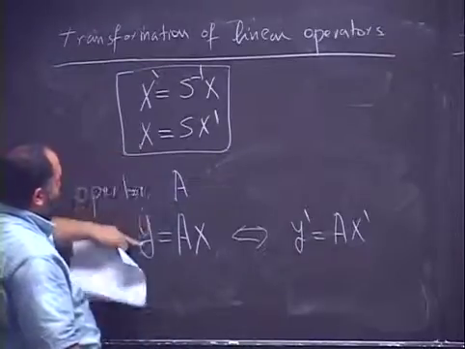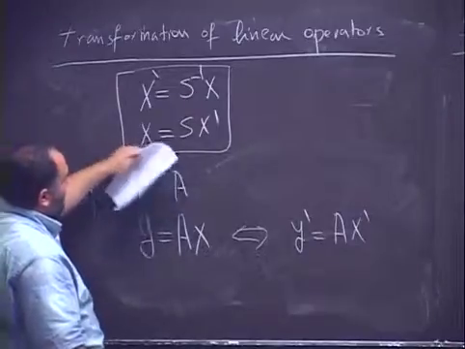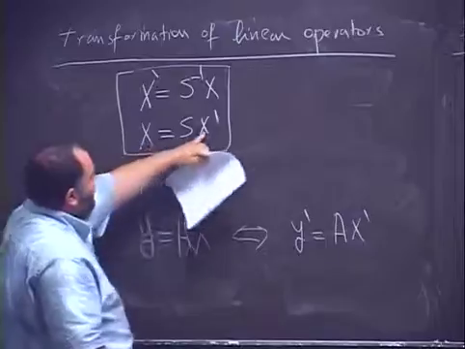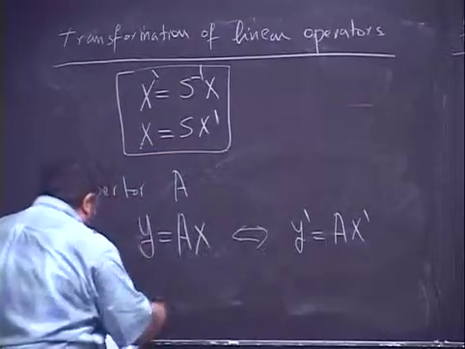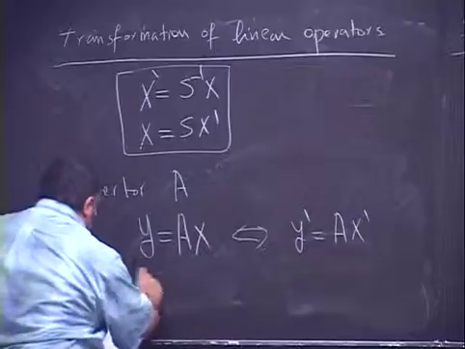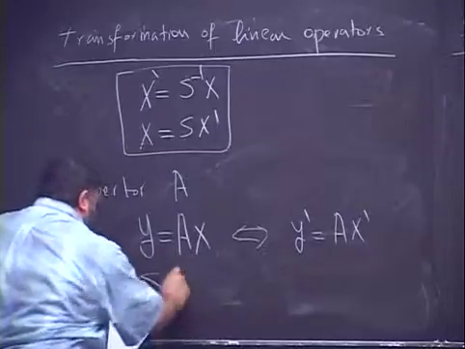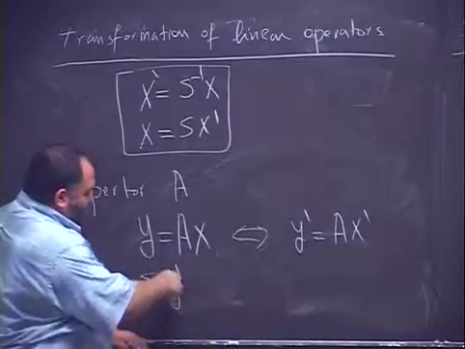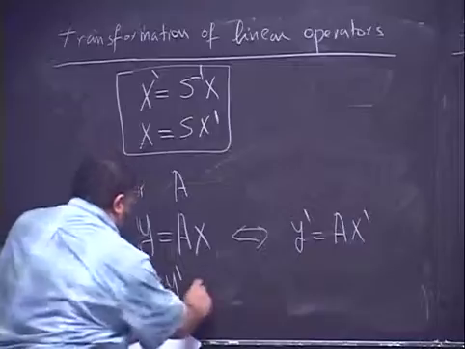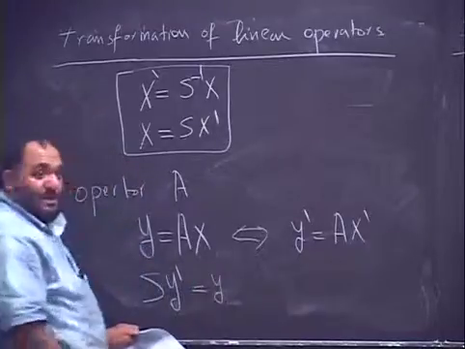If you want to transform it from the primed to the unprimed, you will use this S here. So you will say the matrix S, the transformation matrix. So S applied over y prime is nothing more than what? y.